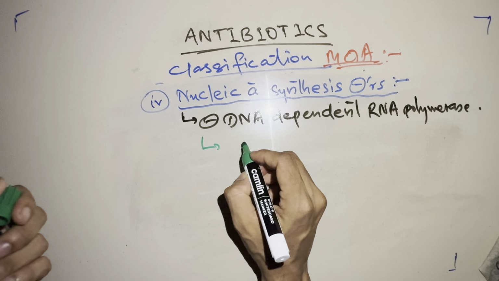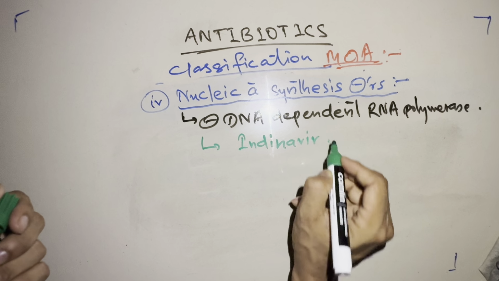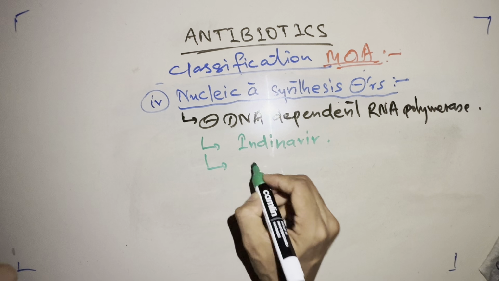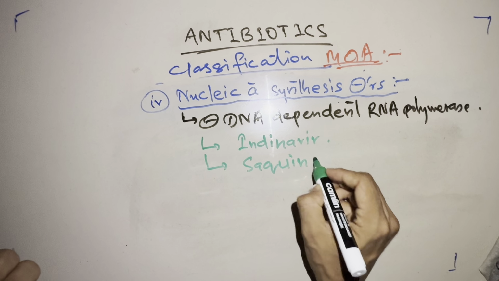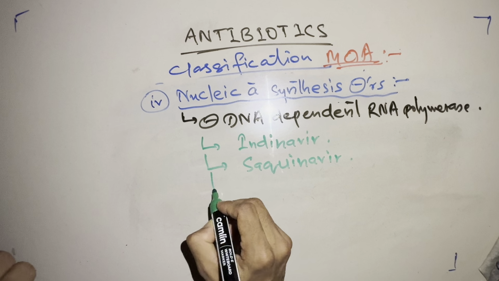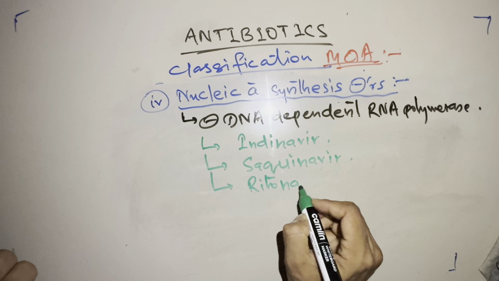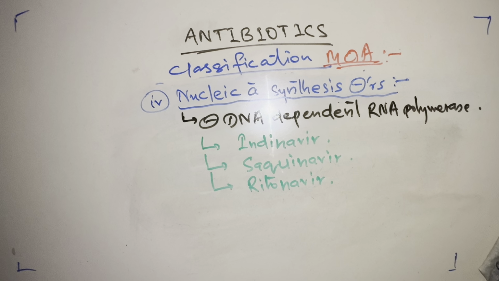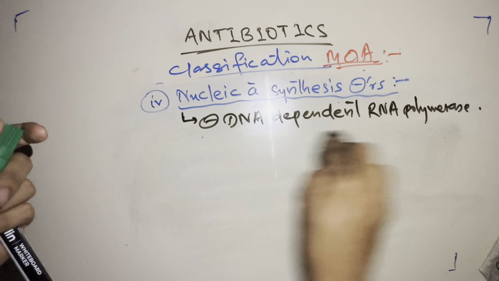Examples are indinavir, saquinavir, ritonavir. Indinavir, saquinavir, ritonavir. Next, by inhibiting the RNA dependent RNA polymerase enzyme.